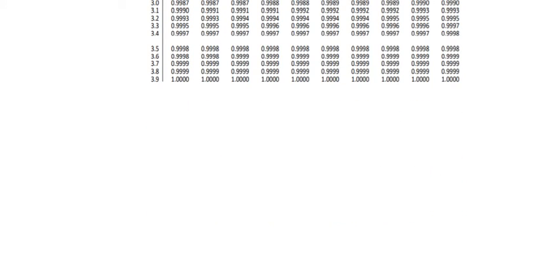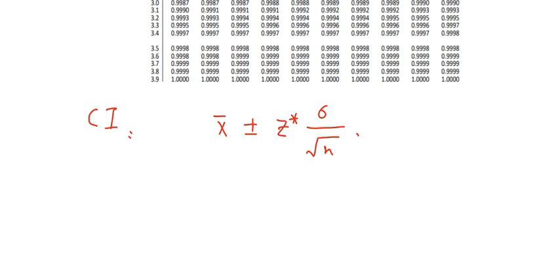Okay. So let's review the confidence interval. If sigma is known, we use x bar plus minus z star times sigma over root n, right? Here sigma is known.